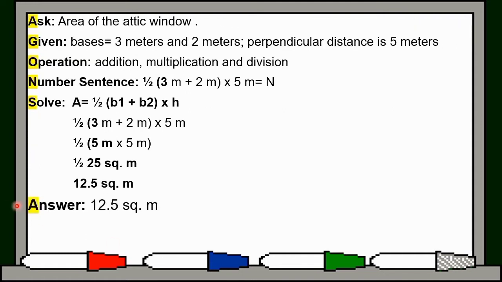And for letter A, our answer is 12.5 square meters. And letter C is check. So 12.5 square meters times 2, and then divide by the bases, which is 5 meters. The answer is 5 meters. This is the height of our attic window. So, therefore, our answer is correct.